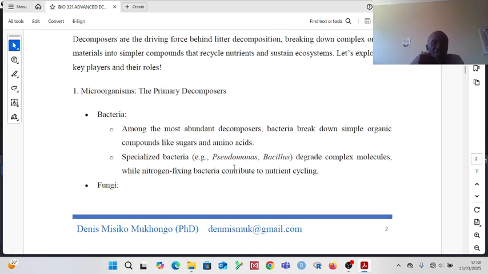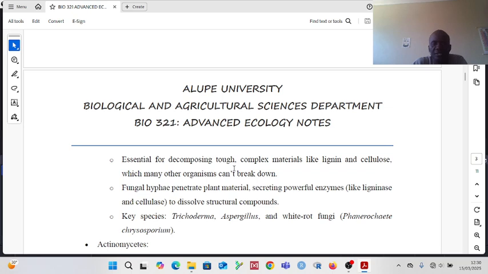Those simple organic compounds are broken down by bacteria. More complex ones, things that are a bit tough, are broken down by fungi. Things like cellulose, things like lignin, those are broken down by fungi.